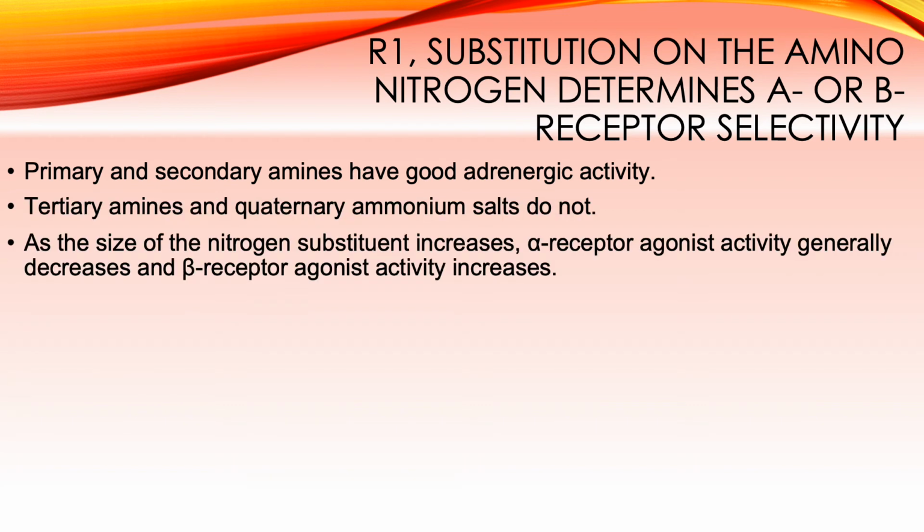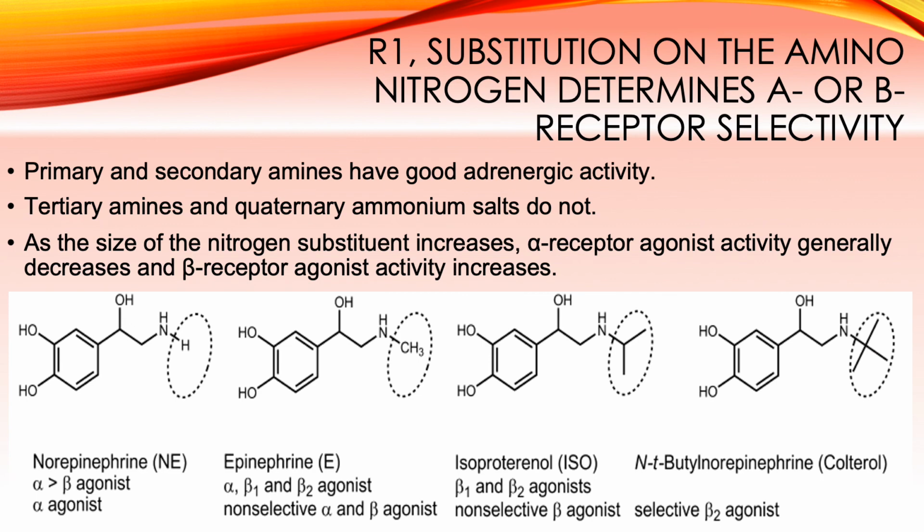Remember that this amine should be limited to primary and secondary amines to maintain its adrenergic activity. Tertiary amines and quaternary ammonium salts do not favor adrenergic activity. And as the size of the nitrogen substituent increases, alpha receptor agonist activity decreases. So the affinity now favors our beta receptors, and it can have an action on our beta receptor.